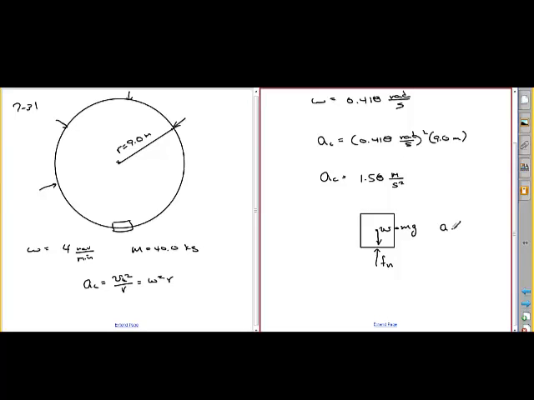And then you're going to have a centripetal acceleration. And at the lowest point, let's just define this as positive y. There's no x forces because the weight's in the vertical direction and the centripetal acceleration is in the vertical direction. So we get 1.58 meters per second squared. So that's acceleration. Now the centripetal force, we don't put that on there because that comes through here. So you have to be a little careful about that.